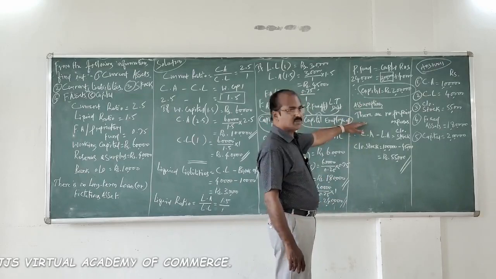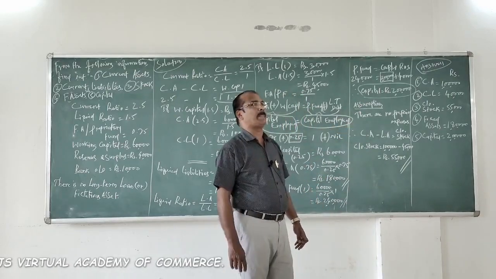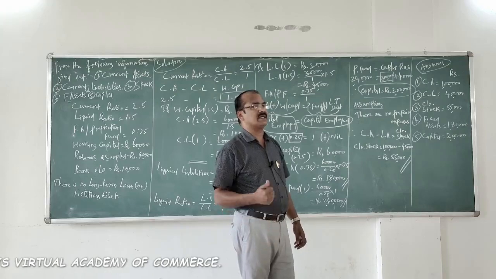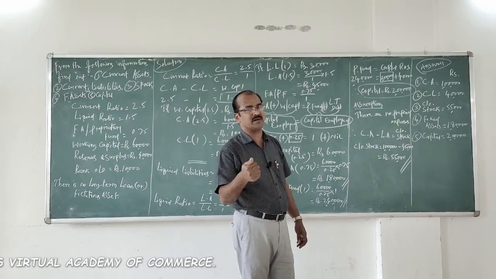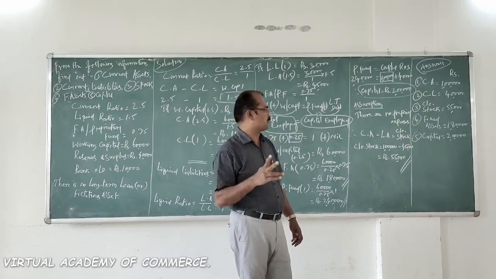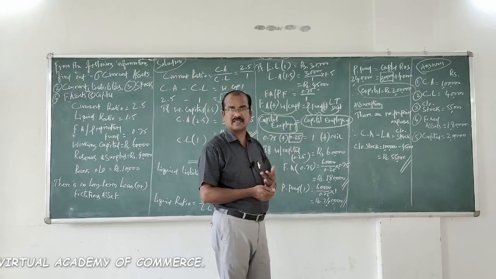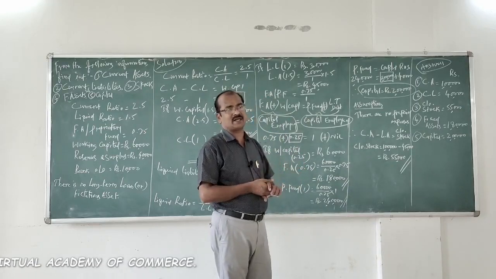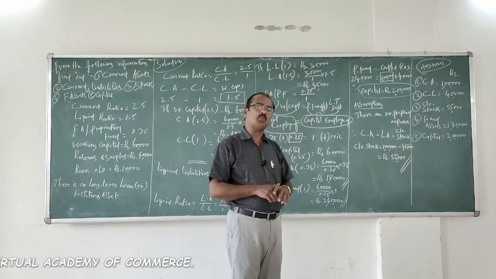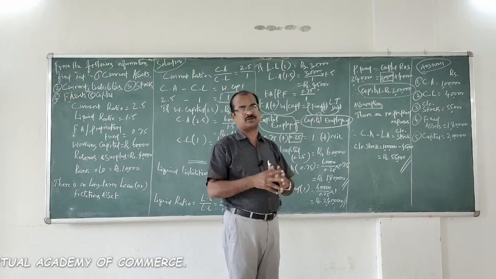Now we are making an assumption here to find out the value of closing stock. We know from current assets, if we subtract the closing stock and prepaid expenses, we can come to know liquid assets. In this problem, we have already calculated current assets and liquid assets also. The excess of current assets over liquid assets could be either stock or prepaid expenses or both.